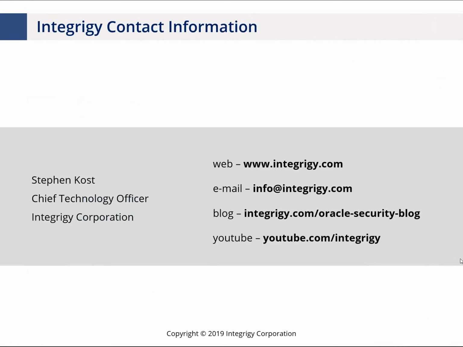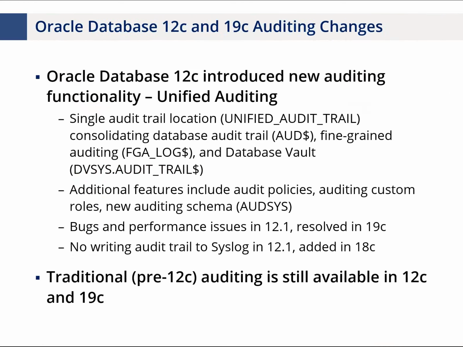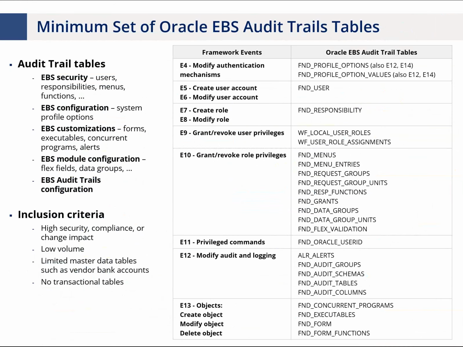All right, one more question. How do I figure out the list of EBS tables to audit? Very good question. We give some starting lists, but this goes back to what your requirements are. This is the requirement definition: what do we care about and how are we going to look at it?